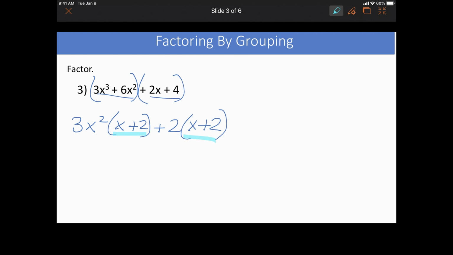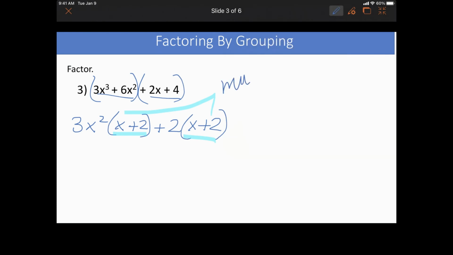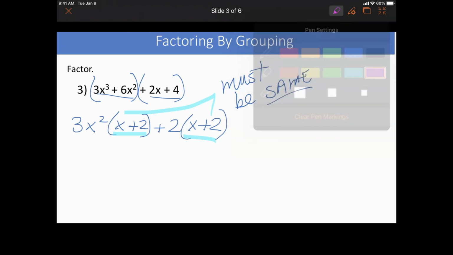Yes, and they must be the same. To factor by grouping, those factors must be identical. If they are not, then either you factored wrong, or you can't factor by grouping. And exactly the same, that includes all the signs too. So again, they must be the same, and that will help you when you try to factor by grouping.